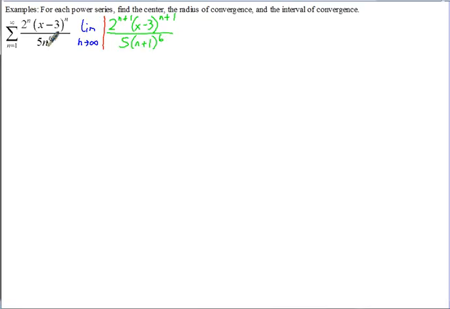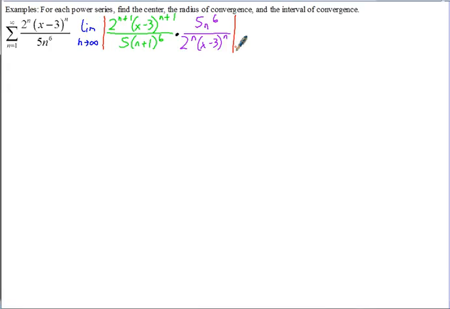And again, dividing by a sub n is the same as multiplying by its reciprocal. So that's multiplied by the reciprocal, so 5n to the 6th over 2n exponent is 3 to the n. So let's go ahead and simplify this.